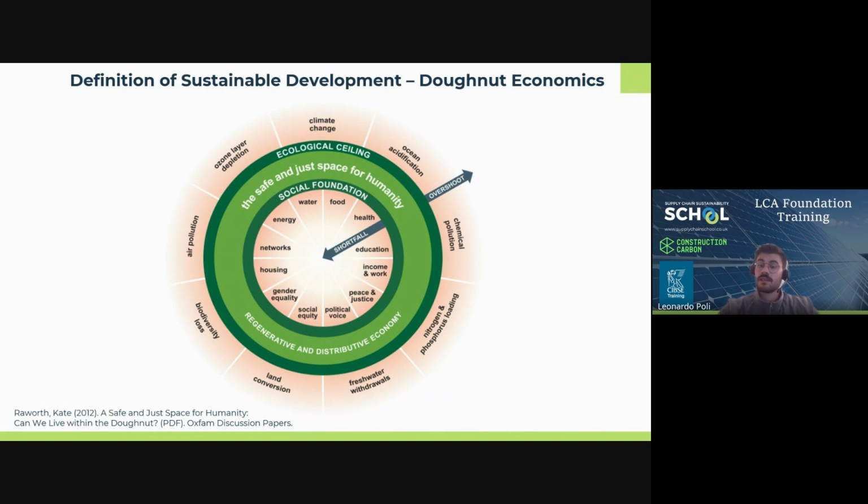The inner ring is the social foundations, which ensures that no one is left falling short on life essentials, whereas the outer ring is the ecological ceiling that ensures that humanity does not overshoot the planetary boundaries that support ecosystems. Sustainable growth happens inside the donut, in the area in the middle between the two circles. The goal of donut economics is not GDP growth, but enabling the donut to thrive.